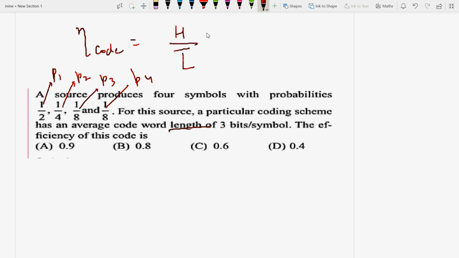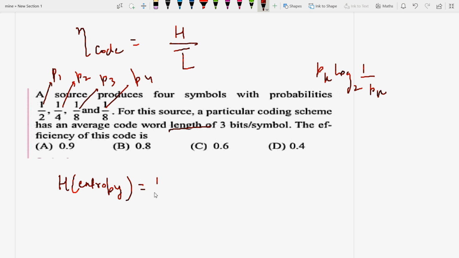H is the entropy, which you know. So H, the entropy of all four symbols with their respective probabilities, is the sum of pk log base 2 of 1 upon pk.